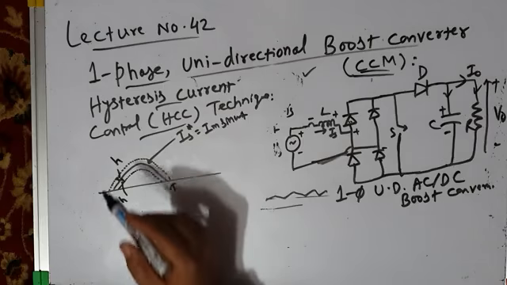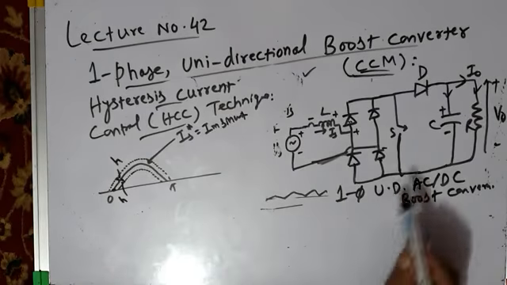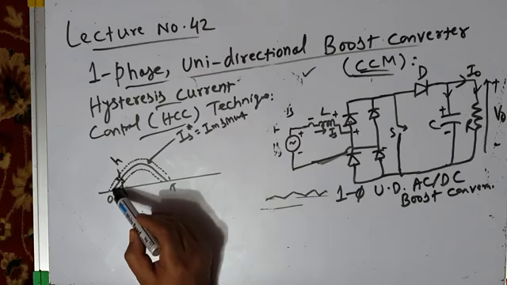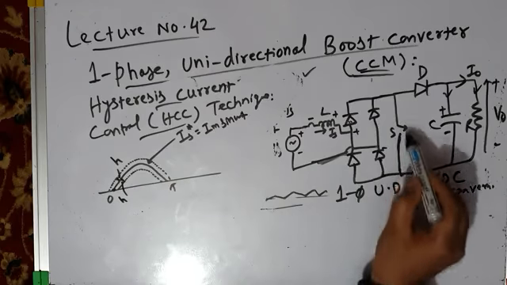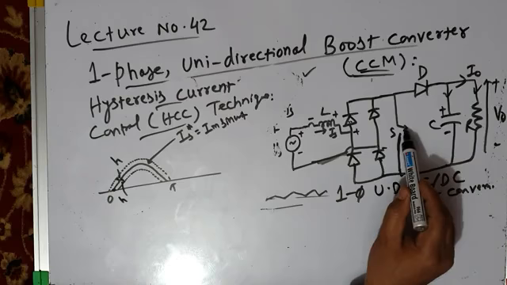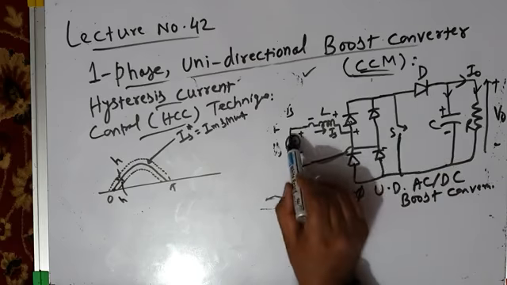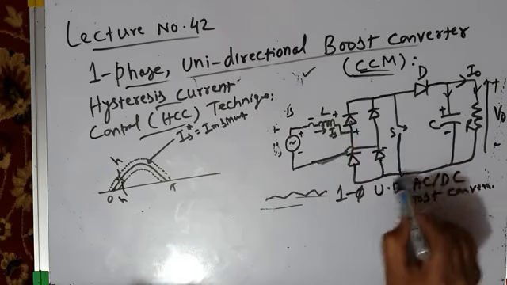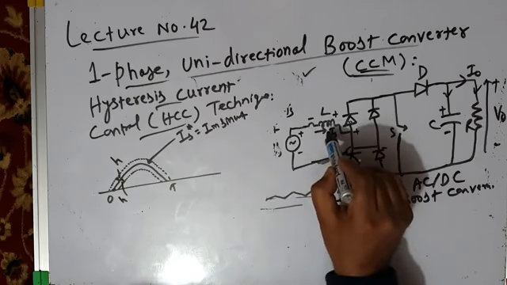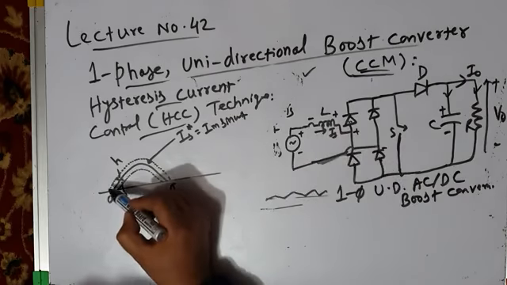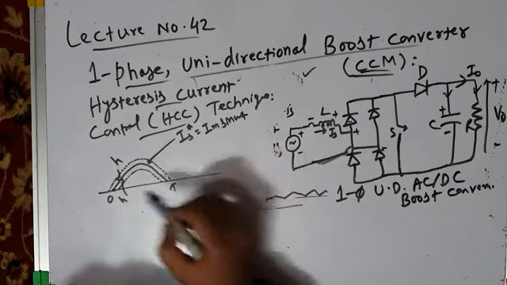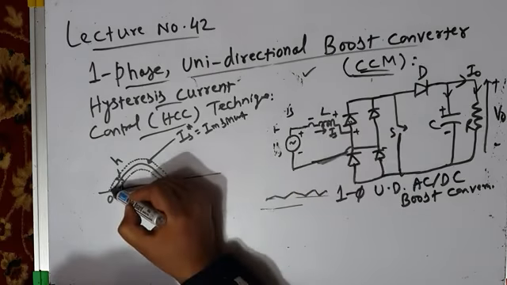Then, for example, when you are here, the switch is turned on, the energy storage interval. The switch is turned on for some time, and current flows like this through the switch, and energy in the inductor gets stored. And what will happen to the current? Current through the switch, or current through the inductor, rises.